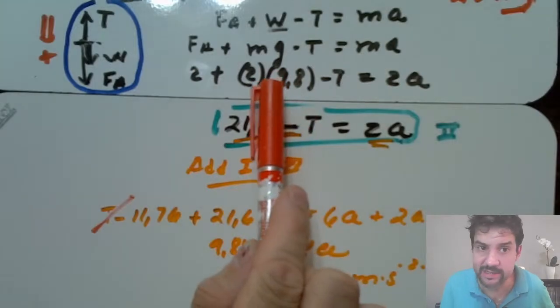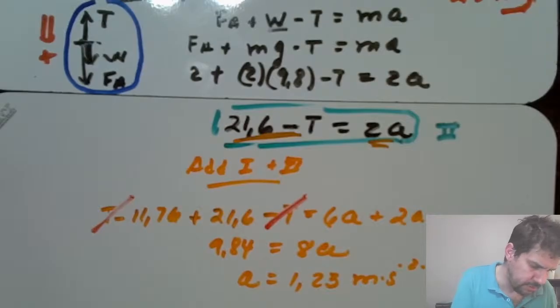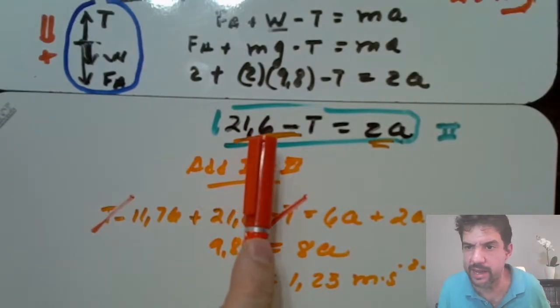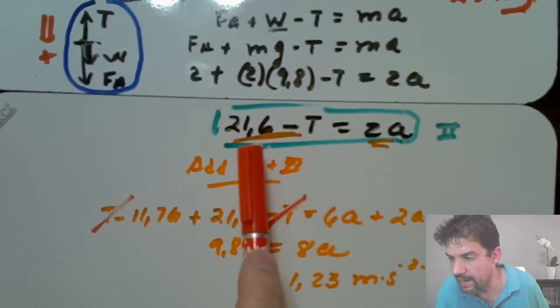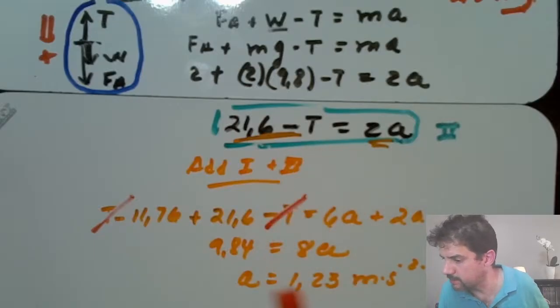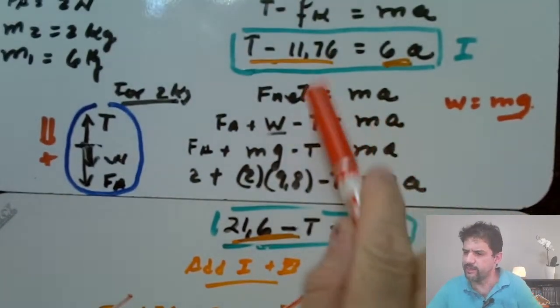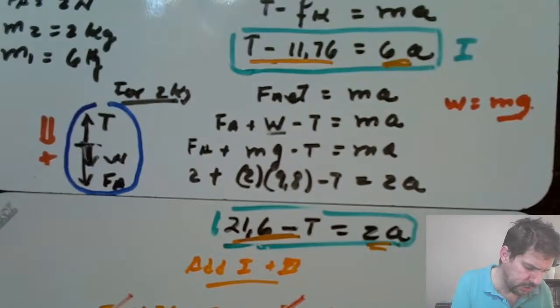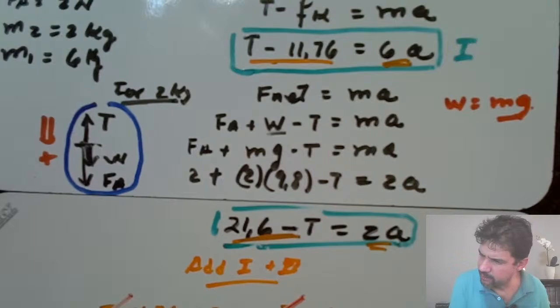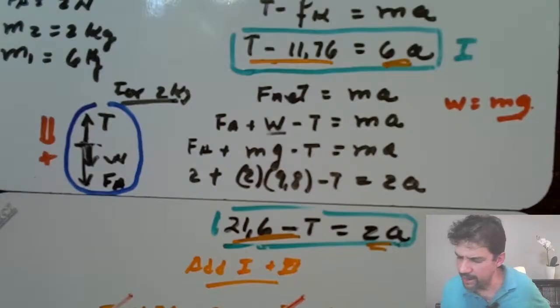So 19,6 for this product plus 2 will give me 21,6. So this is what I get for equation 2. All right? Equation 1 is 11,76. Equation 2 is 21,6. So 21,6 minus 11,76 gives 9,84.